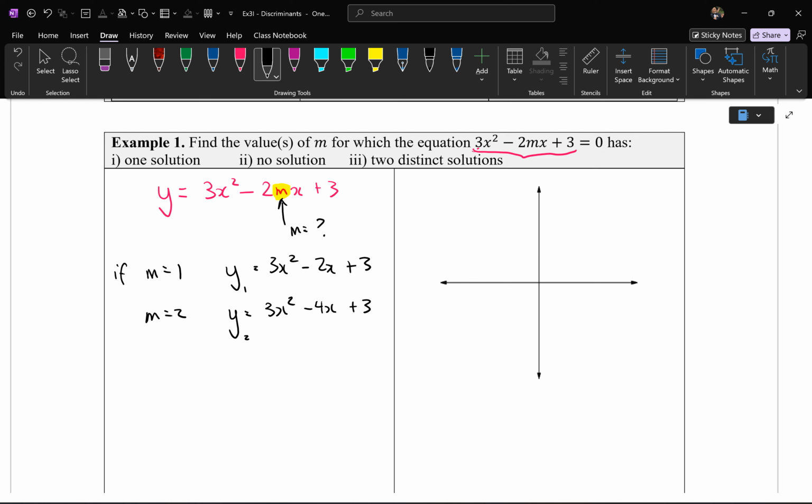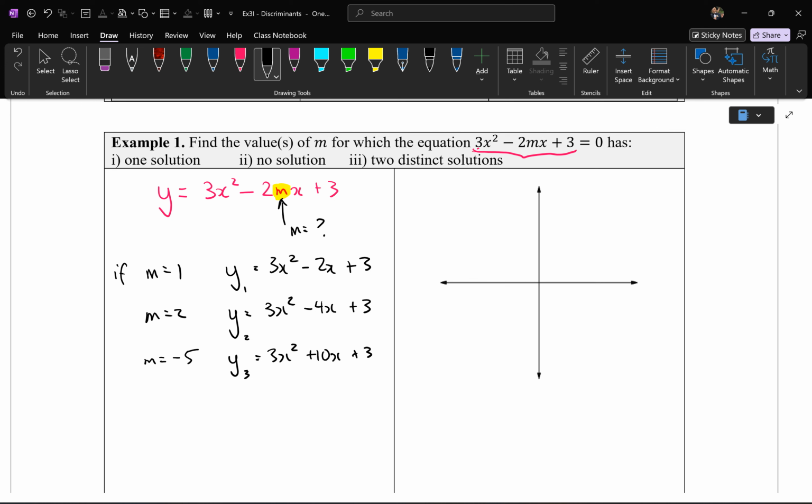So that's a second graph. If I then switch it up and say m equals negative 5, then the third equation you could get is 3x squared plus 10x plus 3, right?